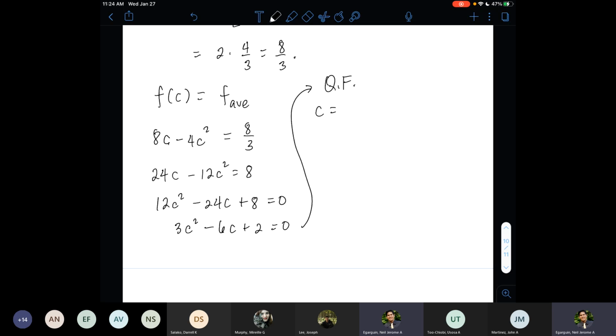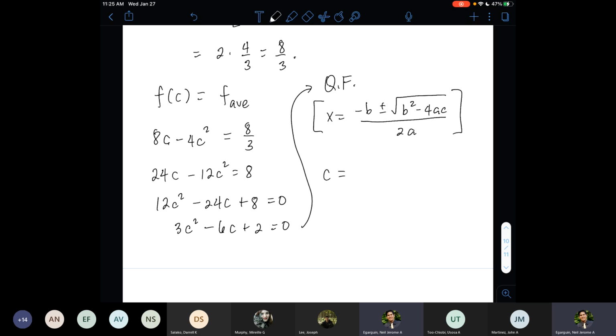Quadratic formula is c equals... Well, I want to write the general form, but it will mess with the letter c here. But if you recall, x equals negative b plus or minus the square root of b squared minus 4ac all over 2a, where a is the coefficient of x squared, b is the coefficient of x, and c is the constant value. So in this case, the variable is c.